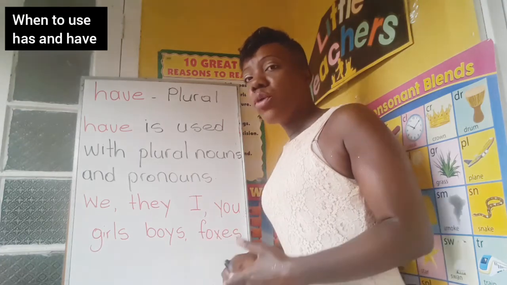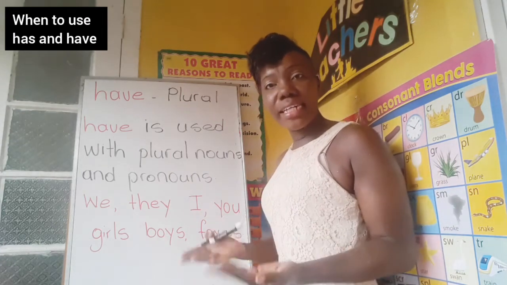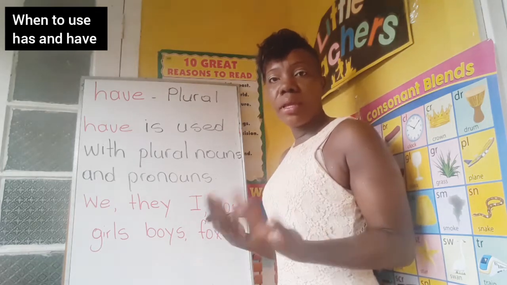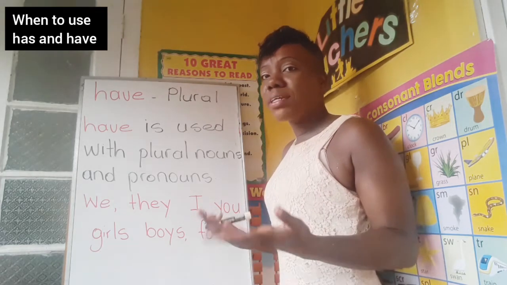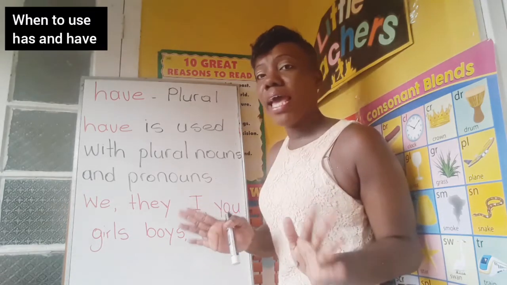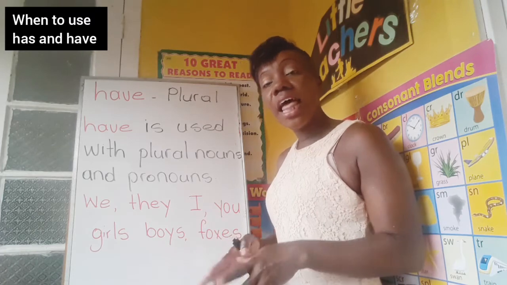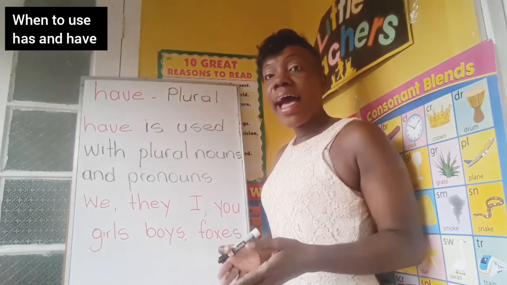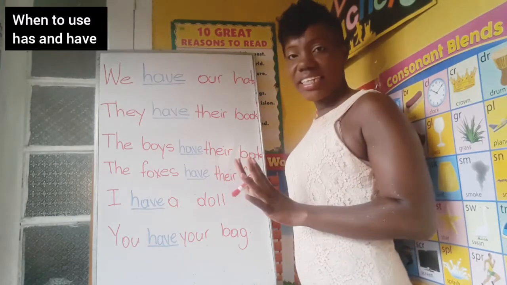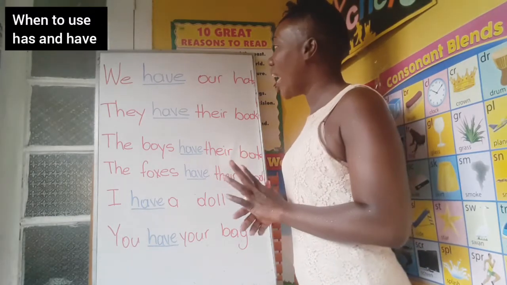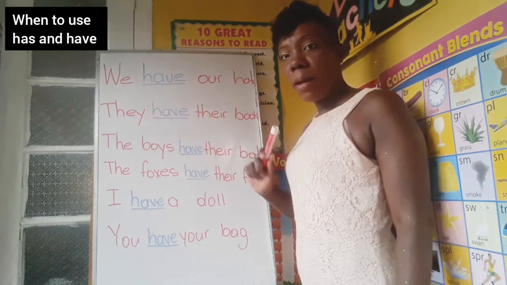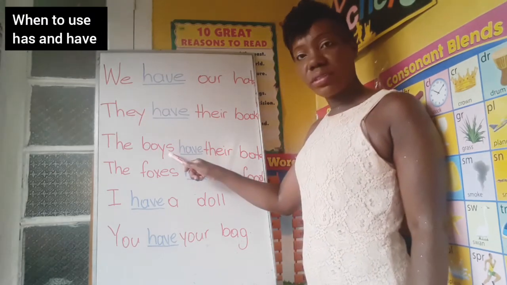And remember, we also use the word have in sentences to show that persons or people own or possess some things. So again, I'm going to be showing you some examples of some sentences that use the word have. Let's use the word have in sentences. So remember, we use have with plural pronouns and with plural nouns.